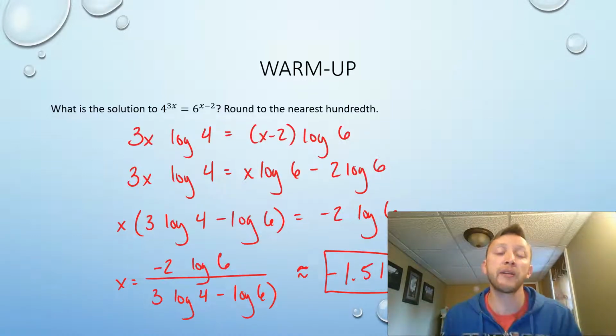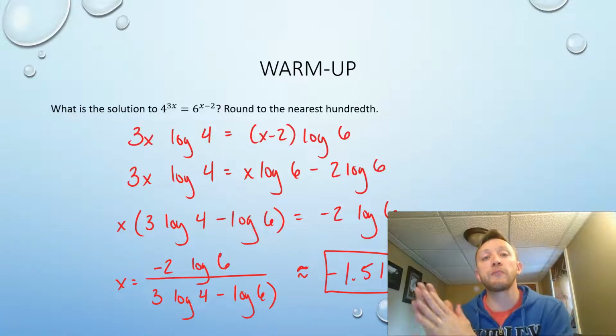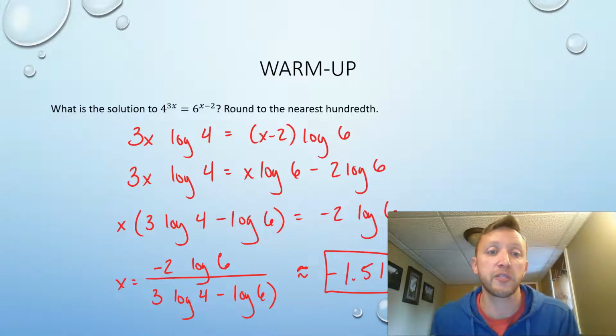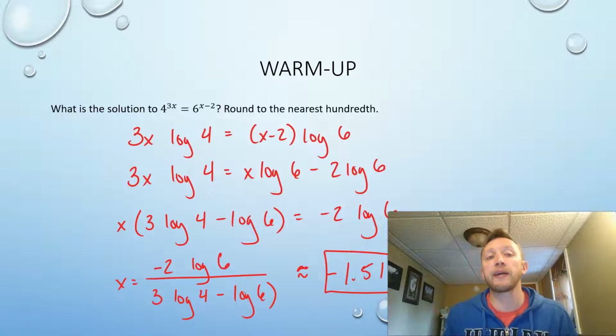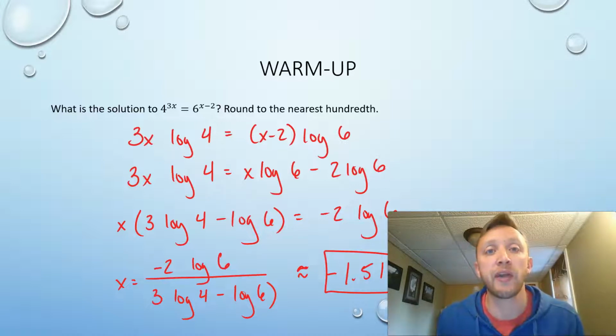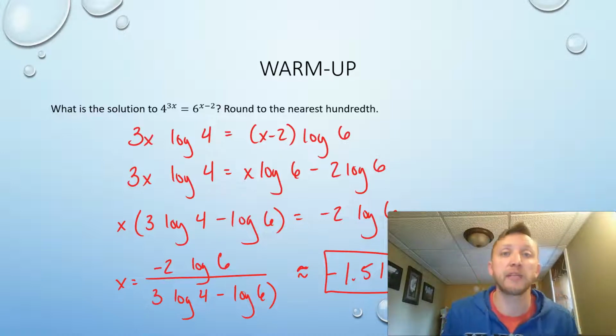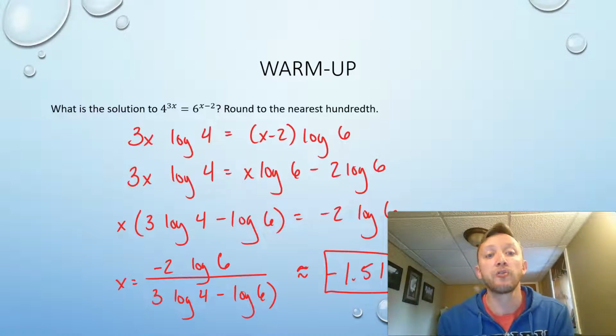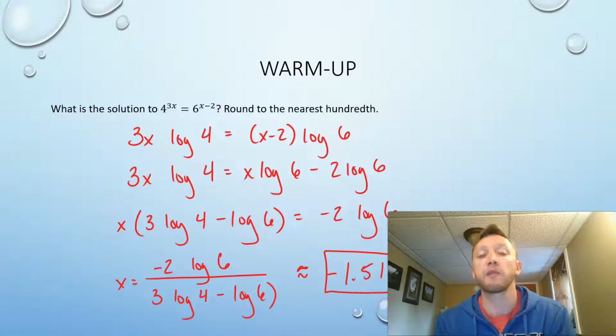So I'm going to subtract x log of 6 from both sides. Then I have 3x log of 4 minus x log of 6, and both of those terms have an x, so I'm going to factor that x out. We'd have x times 3 log of 4 minus log of 6 equals negative 2 log of 6.